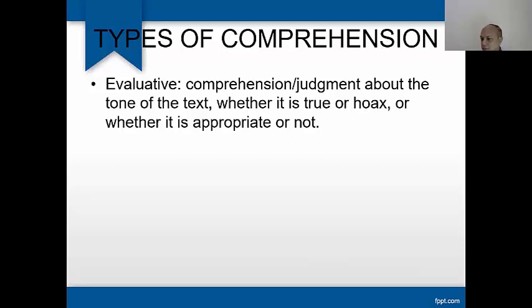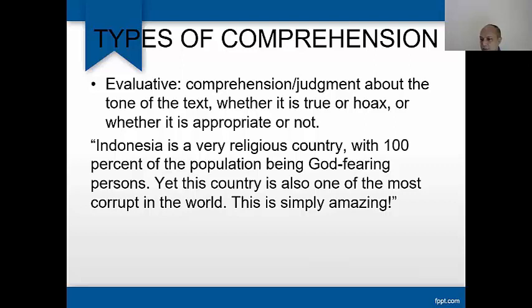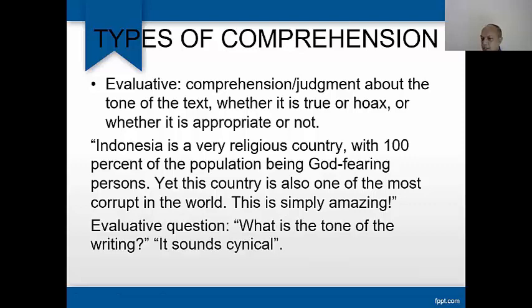Now let's go to the example. For example, a piece of different text. Indonesia is a very religious country with 100% of the population being God-fearing persons. Yet this country is also one of the most corrupt in the world. This is simply amazing. That's the text. And you can have an evaluative question that goes, what is the tone of the writing?